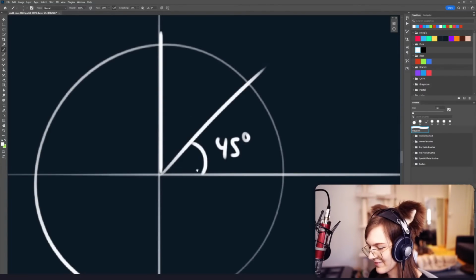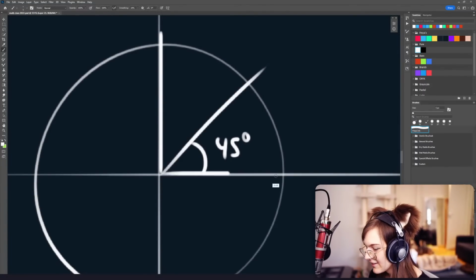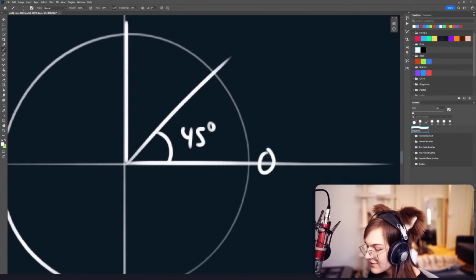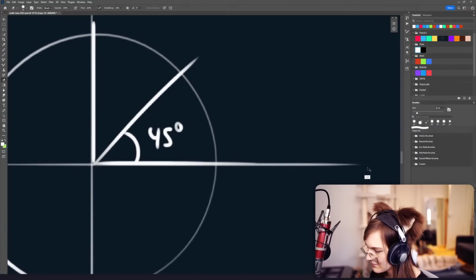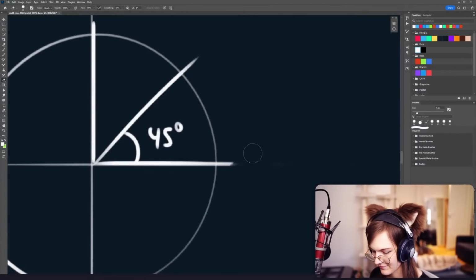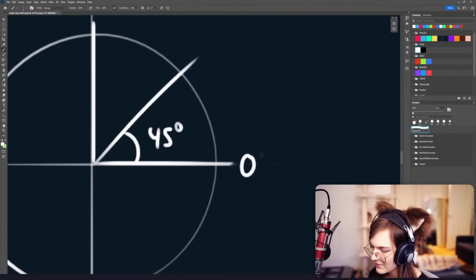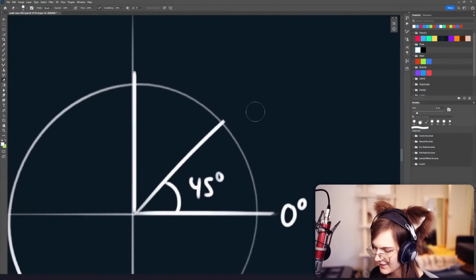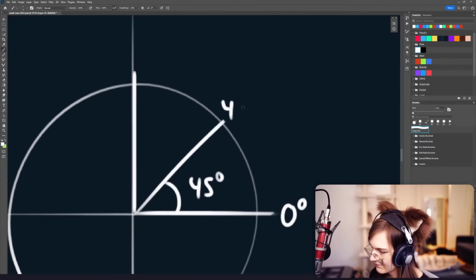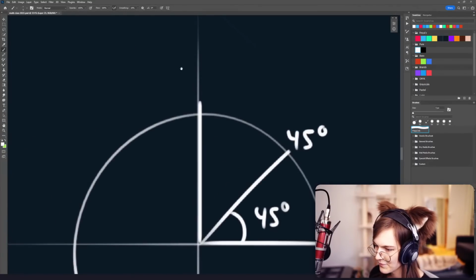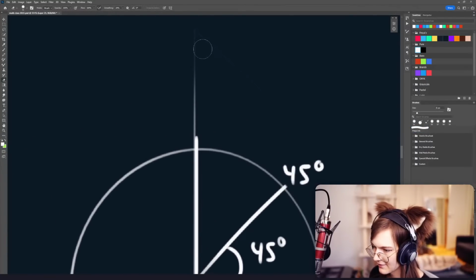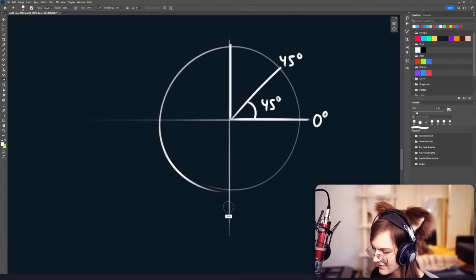Okay. And then we have 0 degrees here, of course, when it's completely flat. So maybe we can erase a little bit of this. So we have 0 degrees, and here we have 45 degrees, and here let's just clean this up a little bit.